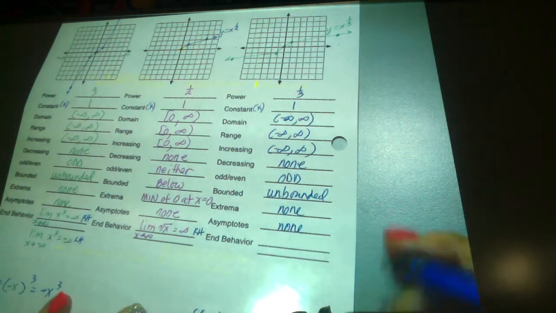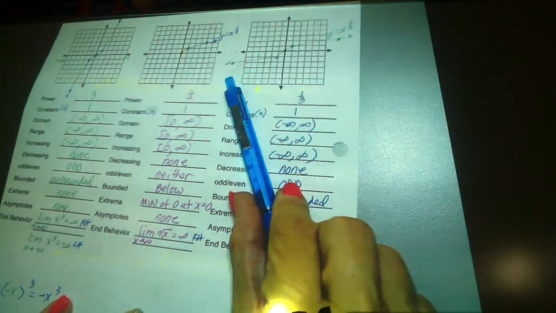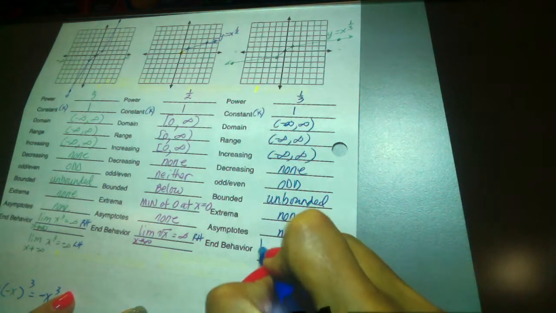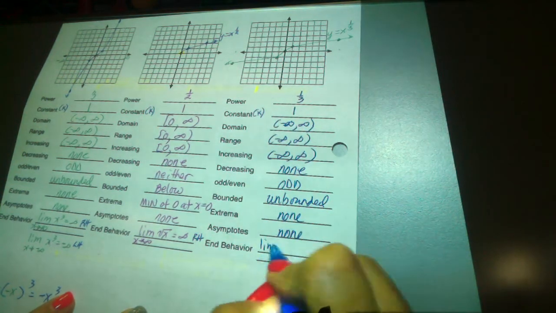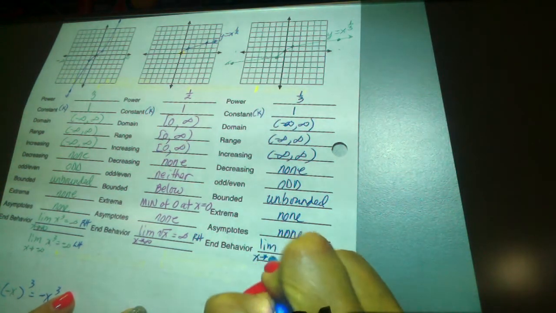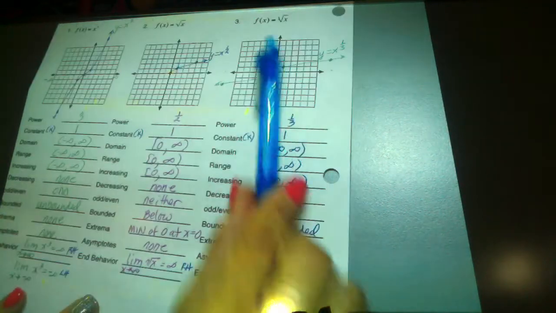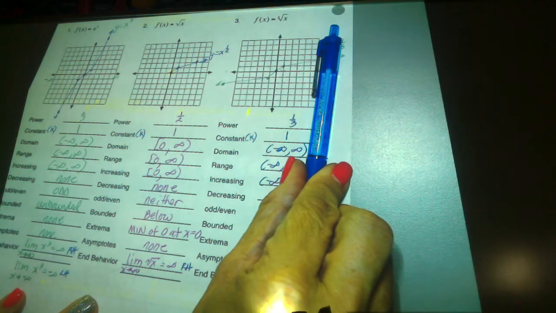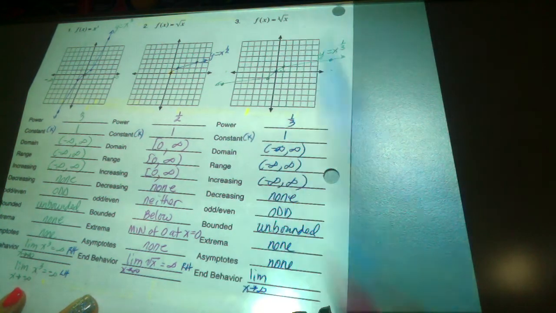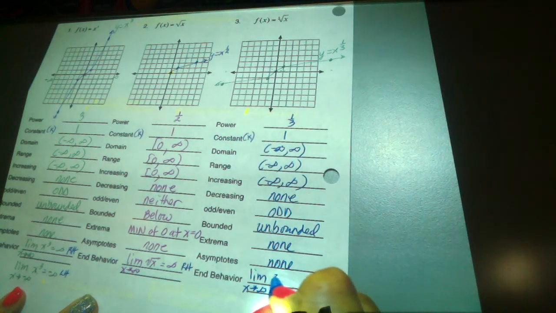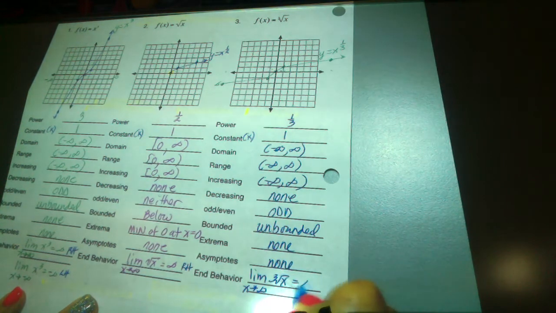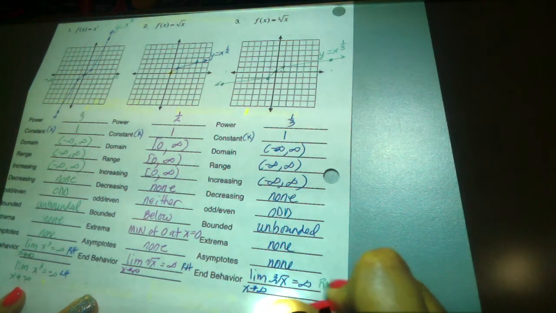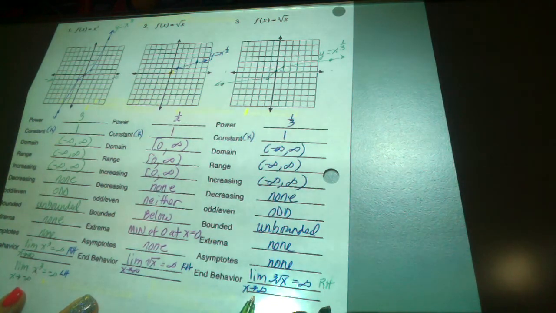End behavior. Are there two ends to this graph? Yes. So there's two end behaviors, one for the right and one for the left. So as x approaches positive infinity, so as we go to the right, what is the y value doing? It's increasing, so it's approaching positive infinity. This is your right-hand behavior.